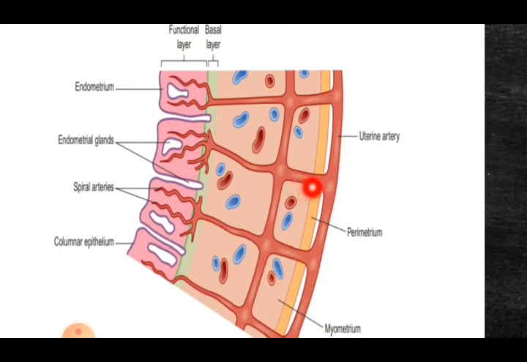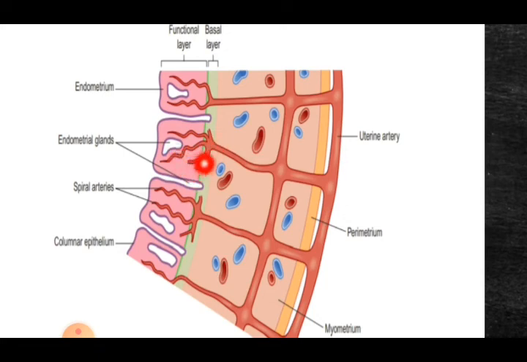You do not have to remember the names of these branches. I am only telling you so that you do not get confused when you look at these branches. So the uterine artery that was coming from the internal iliac will branch into the arcuate artery, and the arcuate artery will further give off a branch that will be the radial artery, and then the radial artery will further divide into the spiral arteries, and these spiral arteries will supply the endometrium.